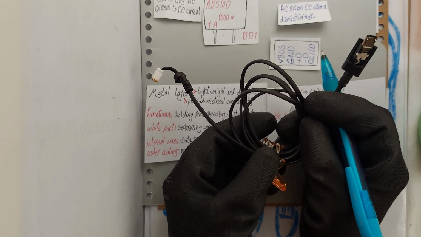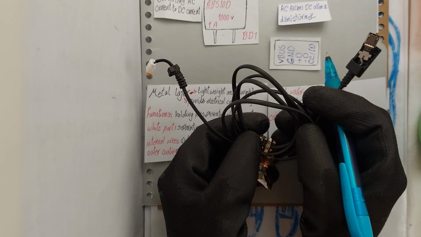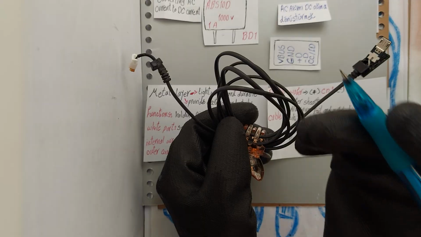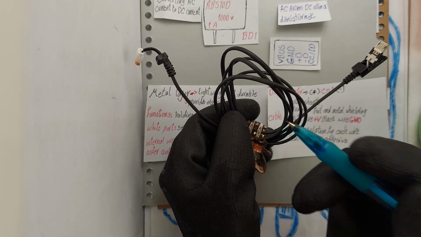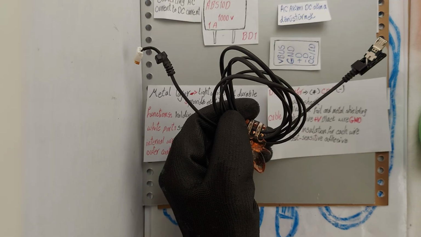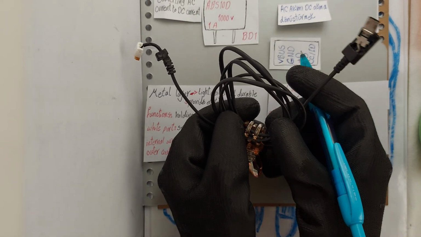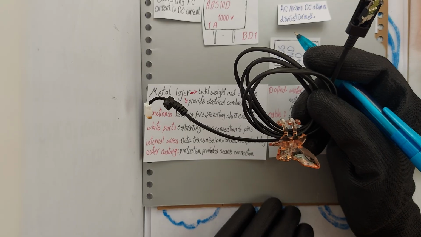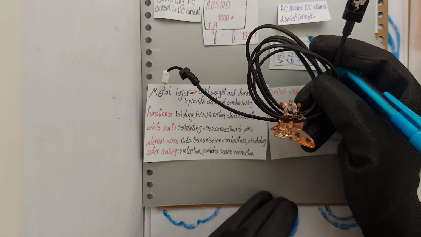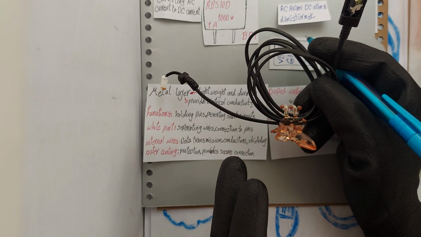At first, we have the outer sheath, a PVC or flexible plastic coating for mechanical protection of the internal wires, and shielding with aluminum foil. Layers that reduce electromagnetic interference, EMI, enhancing the cable's performance and internal wire stability.